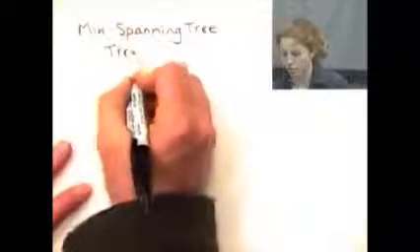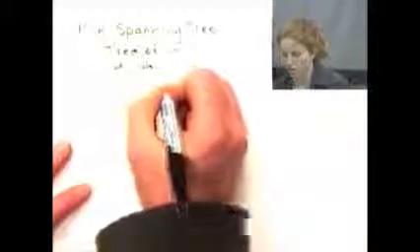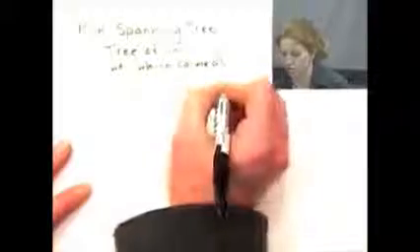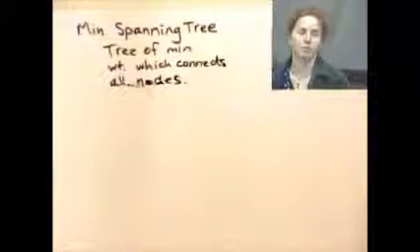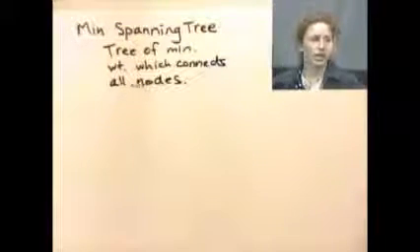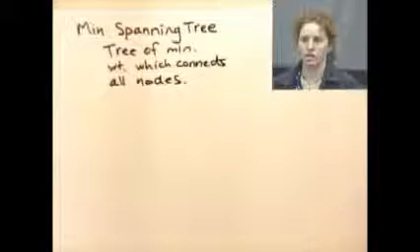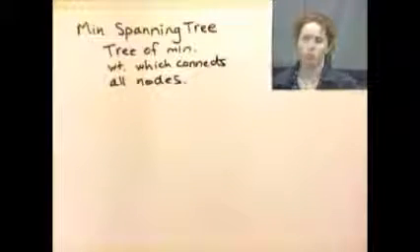So we also had, we might need to find minimum spanning trees, right? So a minimum spanning tree is a tree of minimum weight which connects all the nodes of G. So if I start with G and I want a minimum spanning tree, I just need n minus 1 edges that connect the n nodes, and they should be the minimum weight ones.